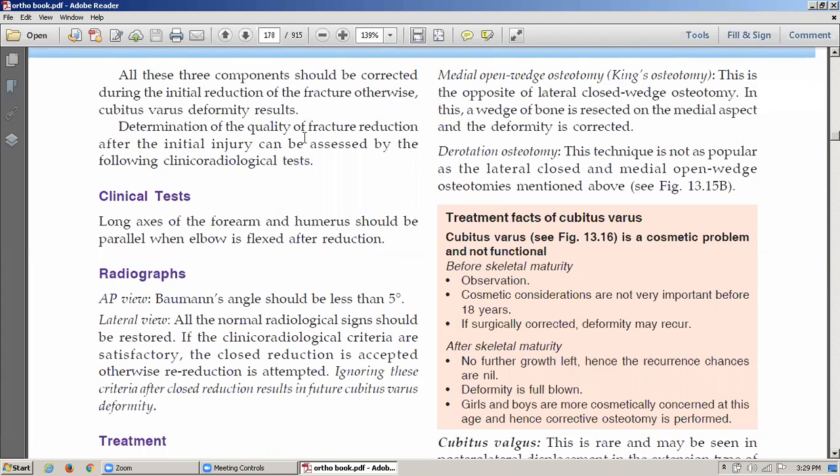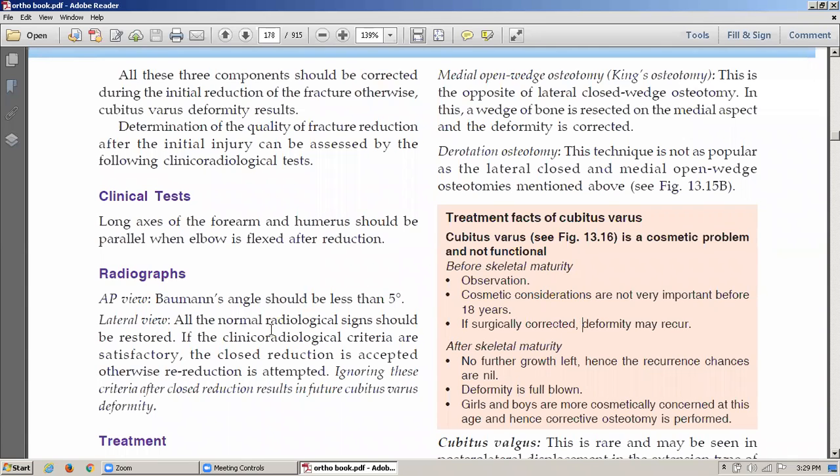The quality of fracture reduction after the initial injury can be assessed by the following clinicoradiological tests. Clinically, the long axis of the forearm and humerus should be parallel when the elbow is placed after reduction. On radiograph, in the AP view, Baumann's angle should be less than 5 degrees.